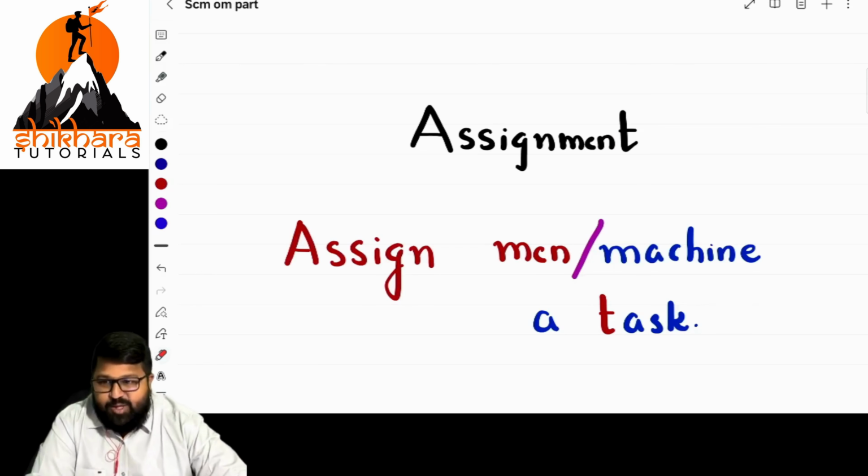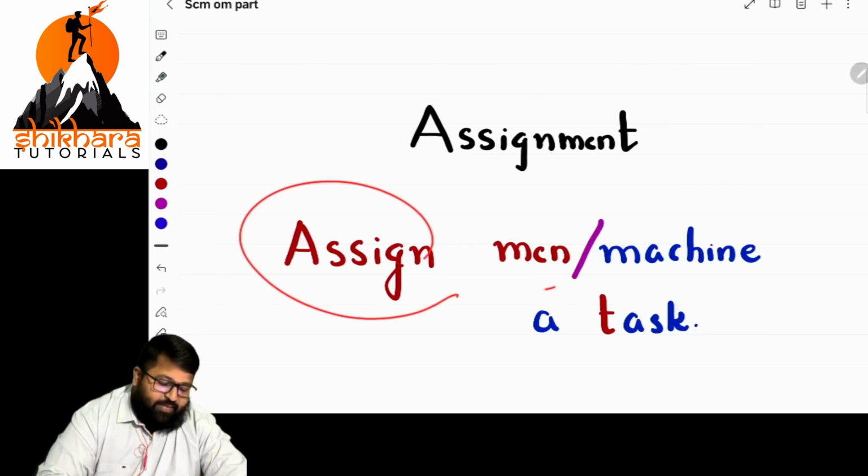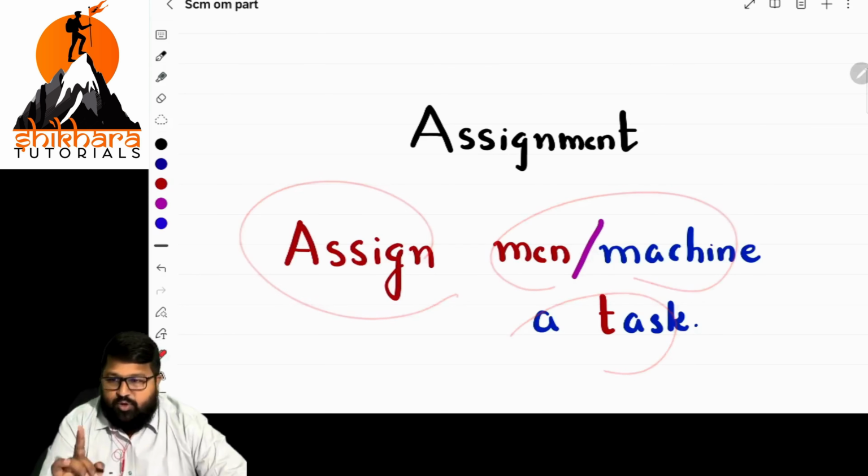Is it clear, what is the purpose of assignment, buddy? When we are in a position that there is one work and there are more than one staff, basically we try to get the work done at the lowest cost. So who is a better option? Okay, so assigning men or a machine a task is the main motive of assignment.